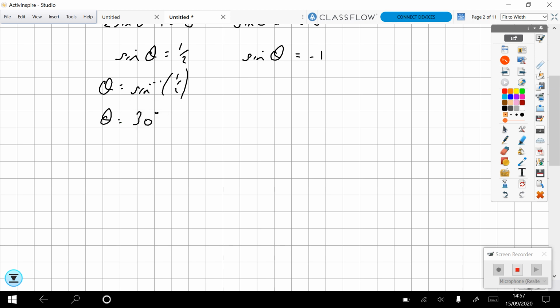Over here, theta equals inverse sine of negative 1, and that works out at, I believe, negative 90. Just check, inverse sine of negative 1, yes, negative 90 degrees.